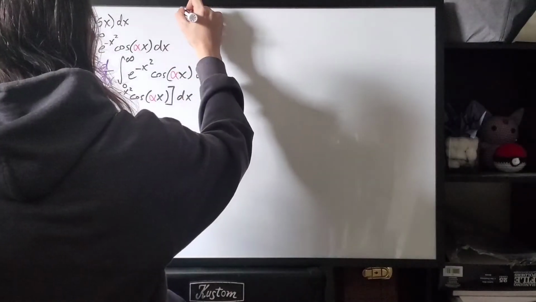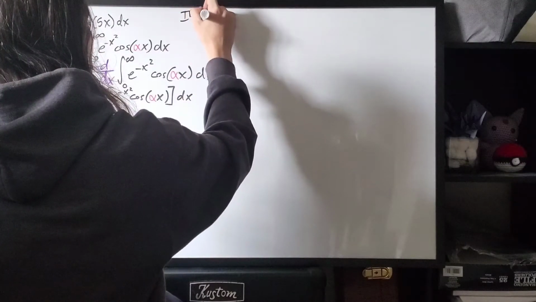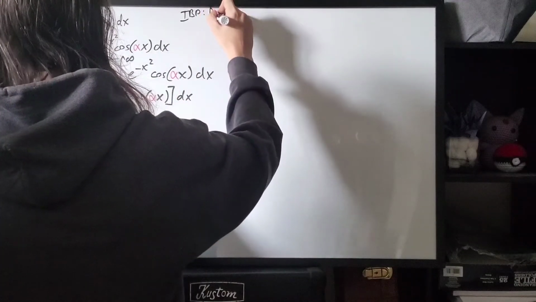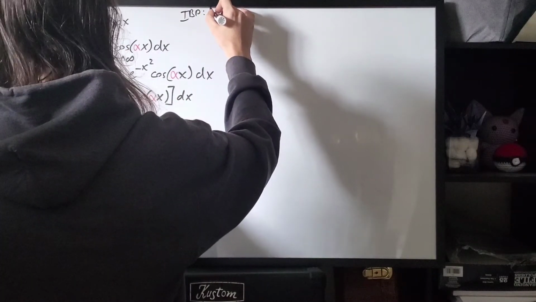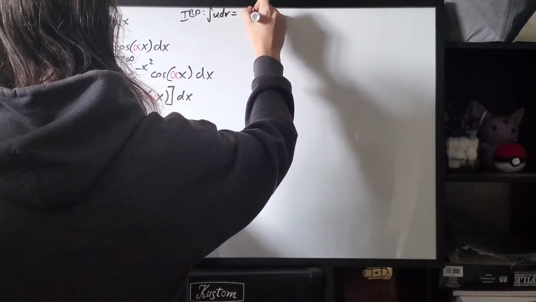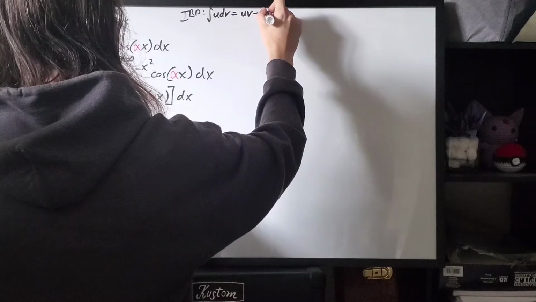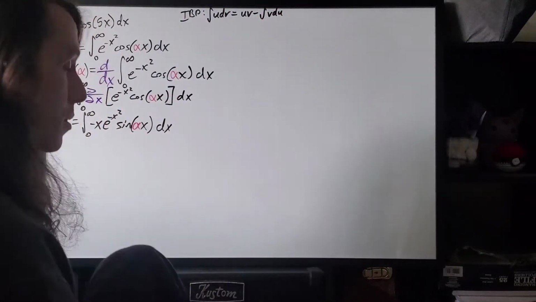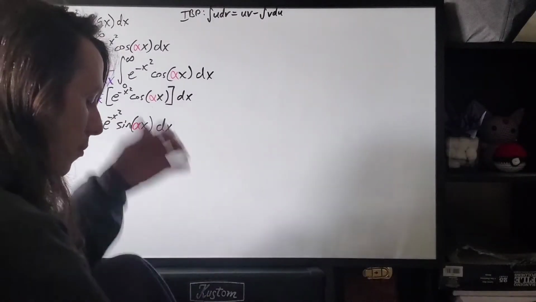So, let's try this again. Integration by parts is when you have a standard integral of u dv. It's going to be equal to u times v minus an integral of v du. So this is a type of substitution just like u substitution.